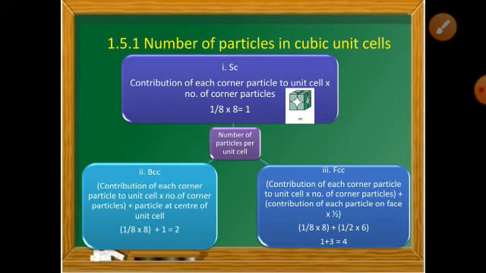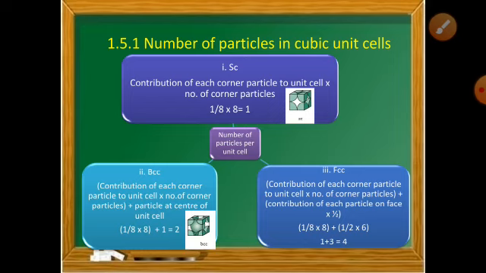That means the particle present at each corner will have 1/8 part for this unit cell, and the remaining part will be for the other 7 unit cells. So the contribution of corner particles for this unit cell is 1/8, and since there are 8 corners, 1/8 into 8 is 1, and not 8. Now clear? Same way for BCC.